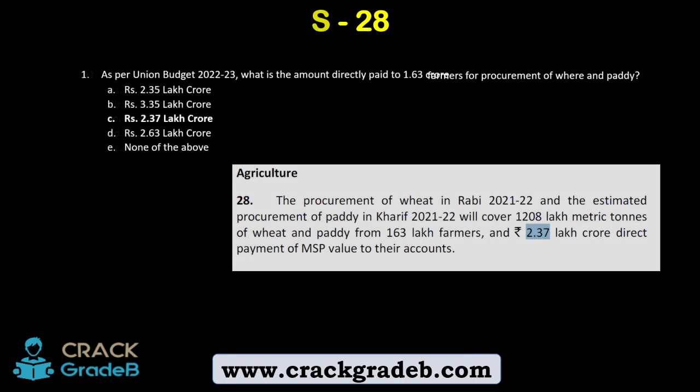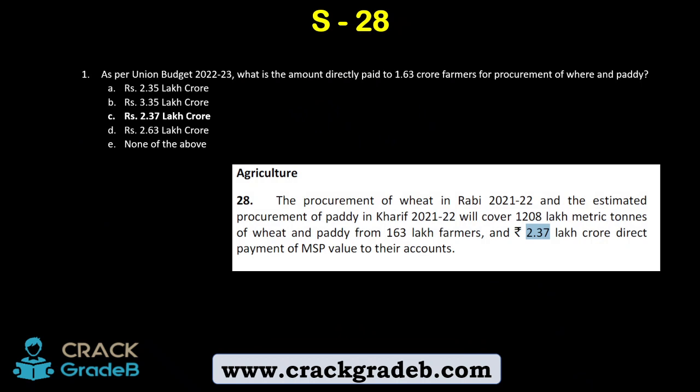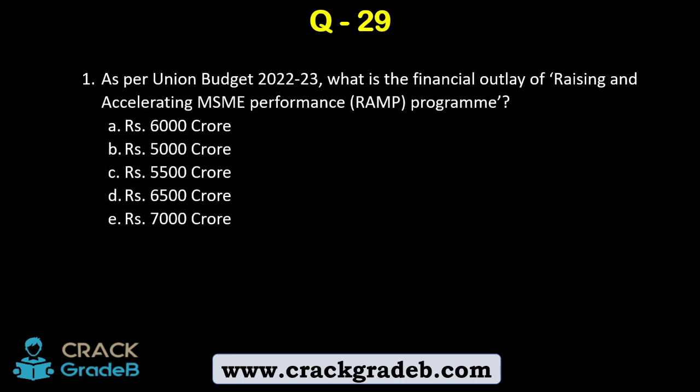Let's move forward and let's see the next one. 2.37 lakh crore rupees. Let's see question number 29. As per the budget, what is the financial outlay of raising and accelerating MSME performance, RAMP? Okay, try to figure out the answer.